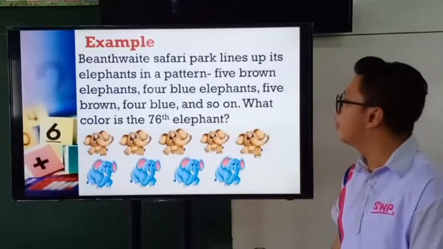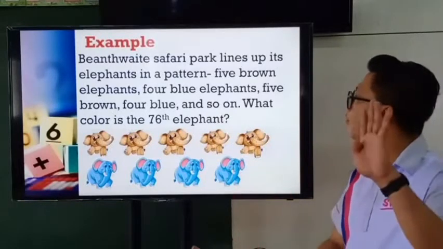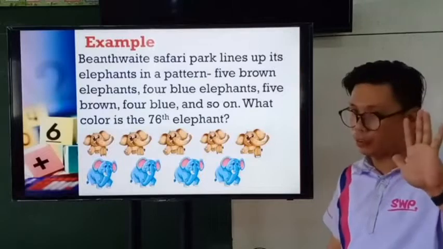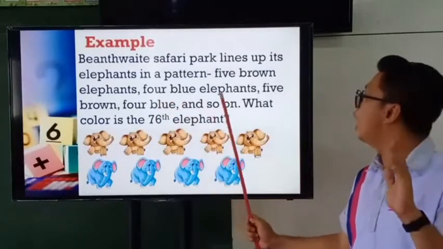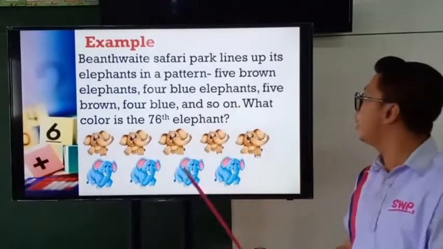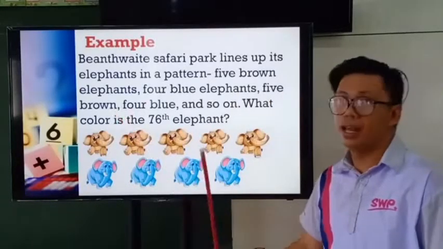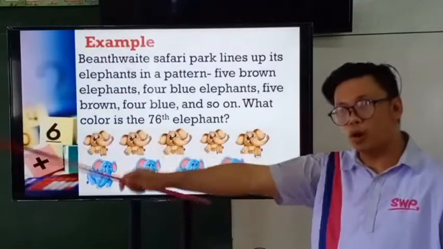It means the first line is 5 brown elephants, the second line is 4 blue elephants, and the next line is 5 brown elephants, and so on.